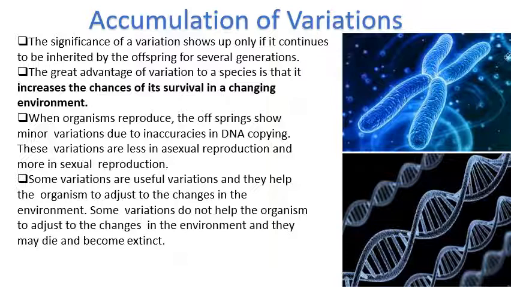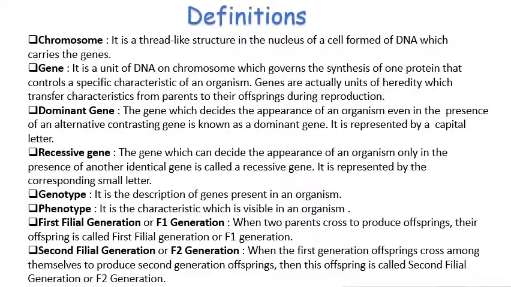Those variations are less in asexual reproduction and more in sexual reproduction. Some variations are useful and help the organism adjust to the change in the environment. Some variations do not help the organism adjust to the change in the environment, and the organism may die and become extinct.